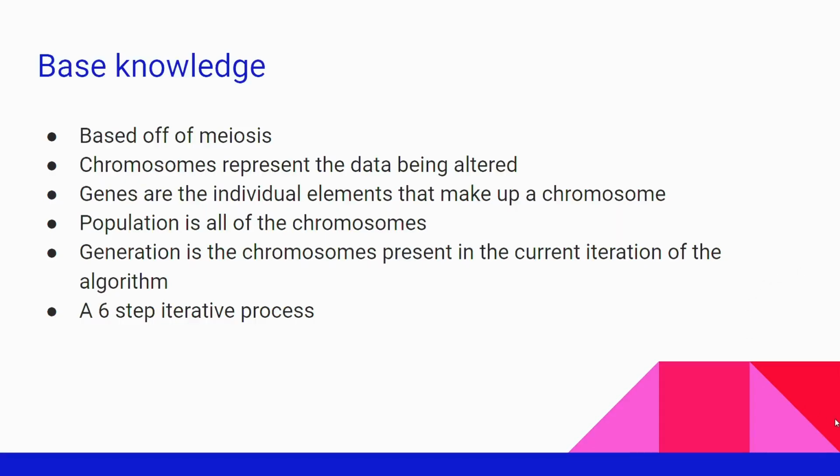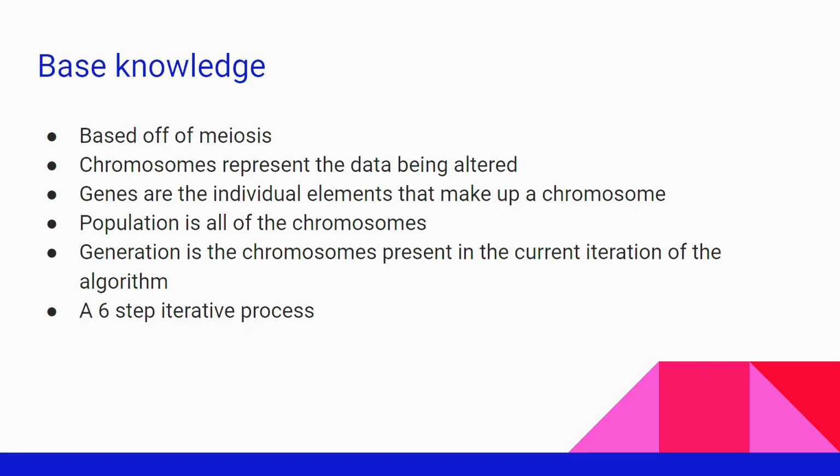To begin, I want to start with some base knowledge. It's called the genetic algorithm because it's based off of meiosis, which is the reproduction of sex cells. For some basic terminology, the chromosomes represent the data being altered. In this example, I'm going to be using binary strings to represent the chromosomes. However, they can be more complex strings of data.